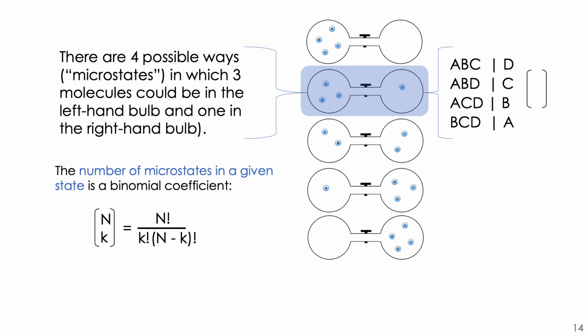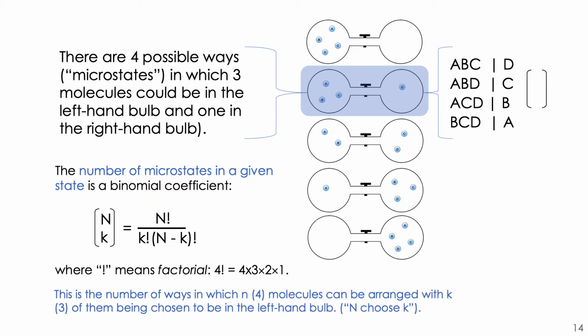And it is defined as n factorial over k factorial times n minus k factorial. Now, factorial is not a surprise. You already know that. If not, let's refresh it. Factorial means the product. For instance, 4 factorial is 4 times 3 times 2 times 1.